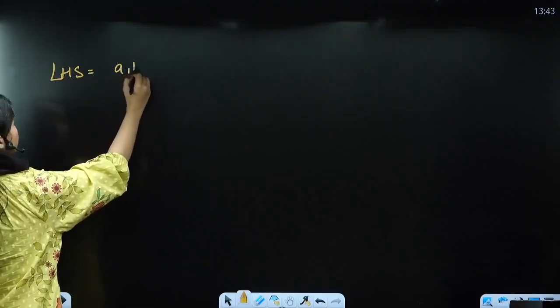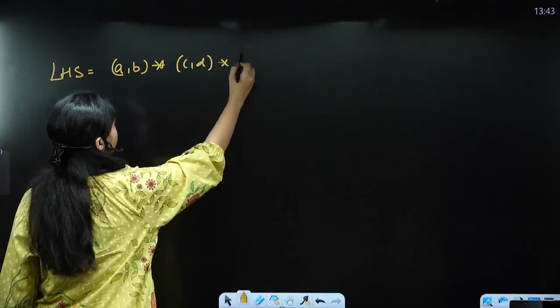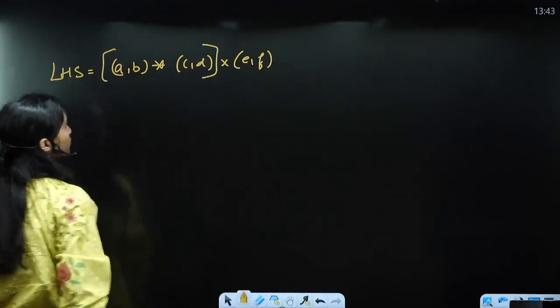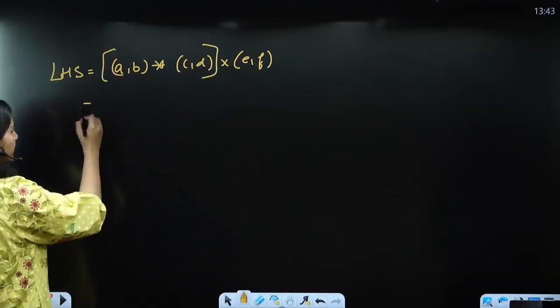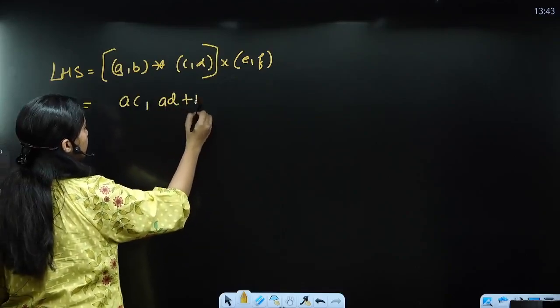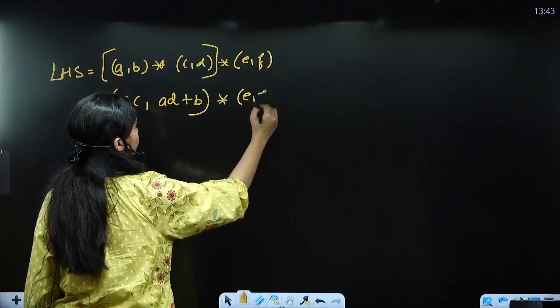So (a, b) operation (c, d), operation (e, f), and we are going to apply it to these two first. So it will be relatively easy. What will it be? (ac, ad plus b), and then you have (e, f).